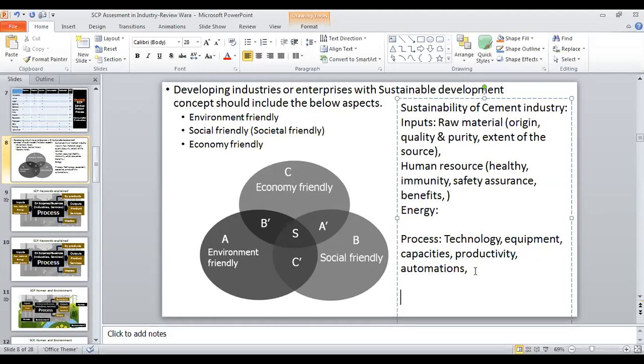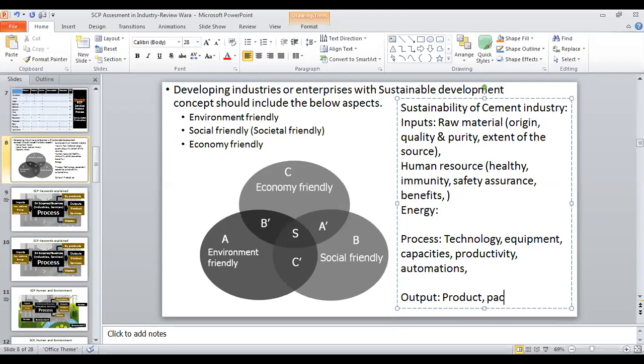Then output. Output here is a product. What? Cement powder.